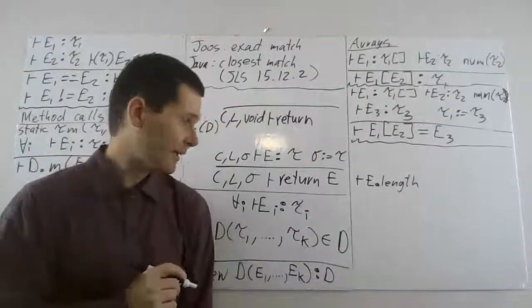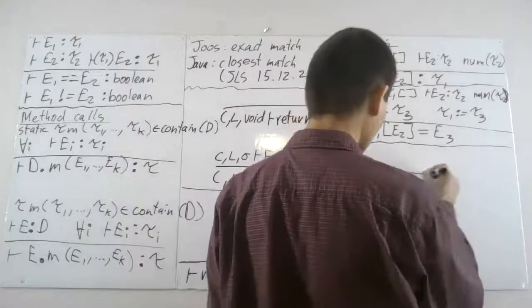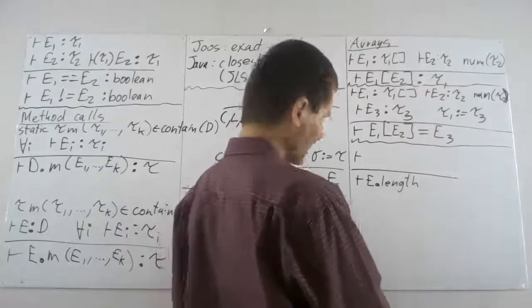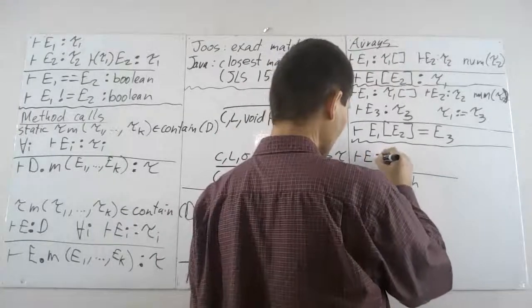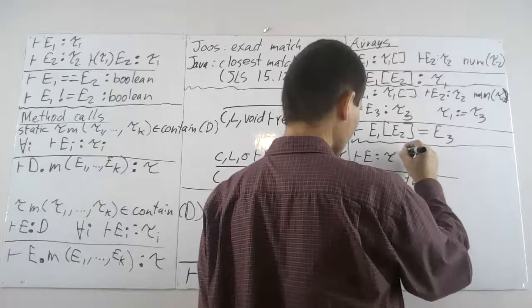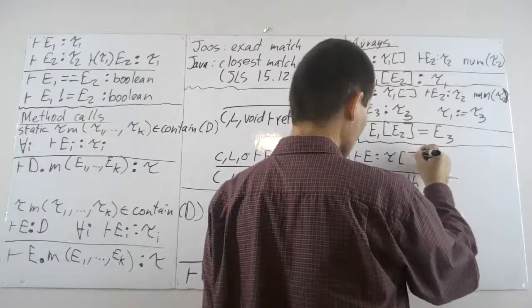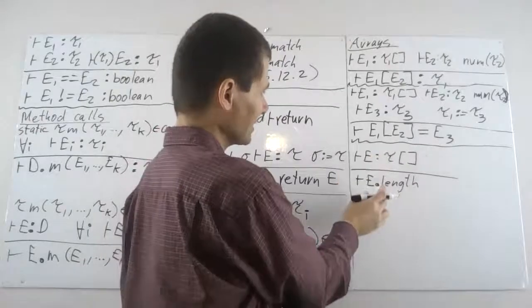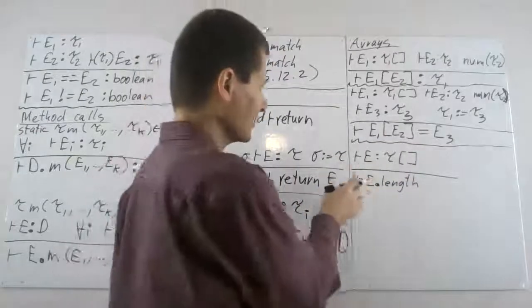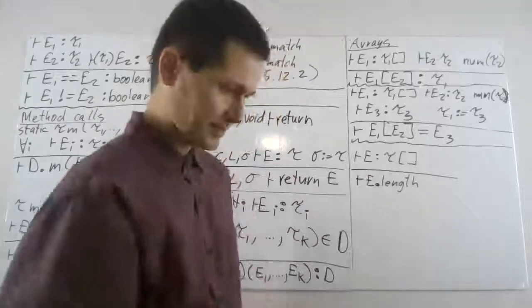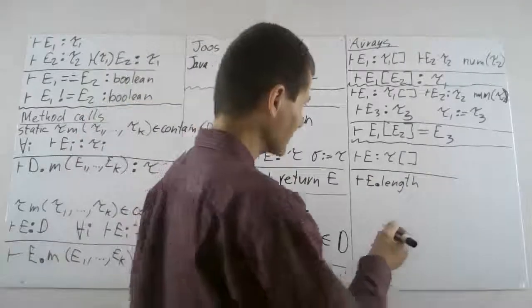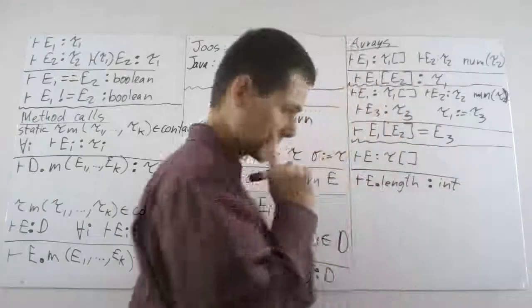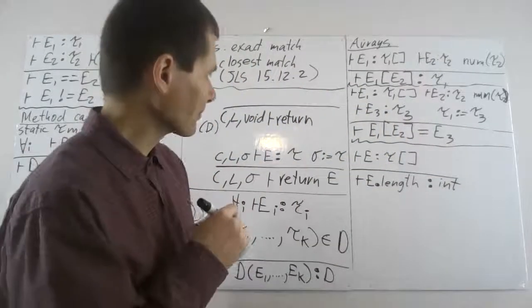Even though an array is not a class type, so it sort of shouldn't really have fields, if the type of E is an array type, then you are allowed to read this special field length out of it, and you will get an int back. That tells you the size of the array.